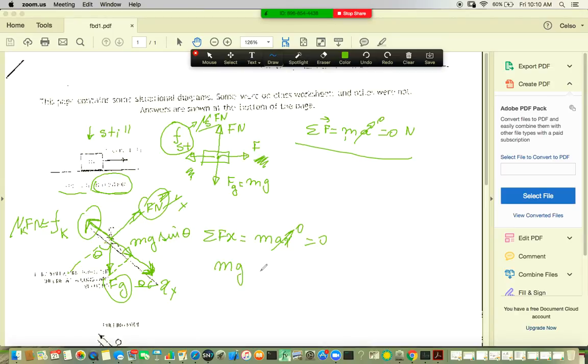So mg sine theta positive, because I'm setting the downward direction as positive, minus the kinetic friction must be equal to 0. So kinetic friction must have a magnitude equal to mg sine theta.